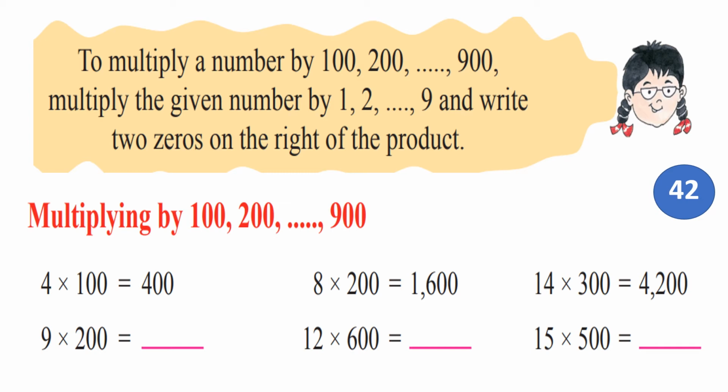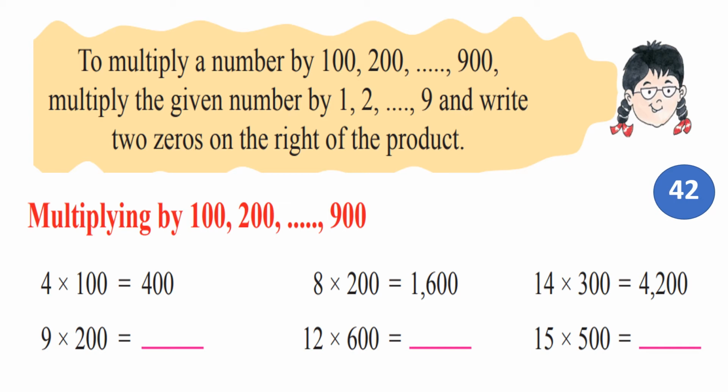Next is 14 times 300. You write 2 zeros on the right first. Then you multiply 3 times 14. 3 times 14 is 42. And then you have 2 zeros. The answer is 4200.